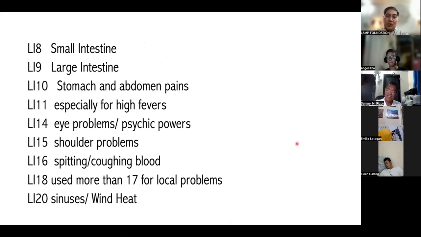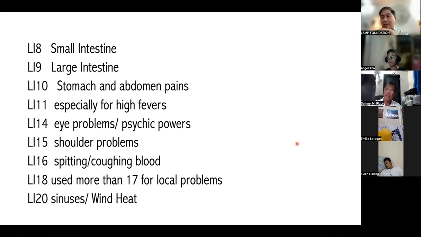Ano naman yung nagsusuka ng dugo? Hematemesis. Oh, ano naman yung umiihi ng dugo? Hematuria. Okay? Ano naman yung hematochezia?